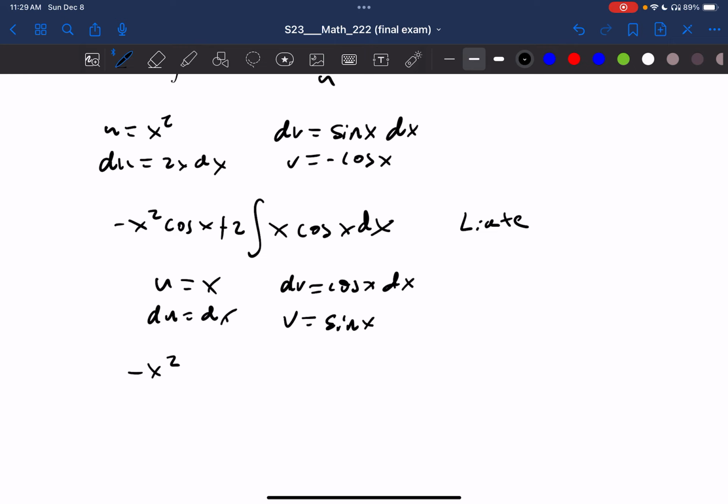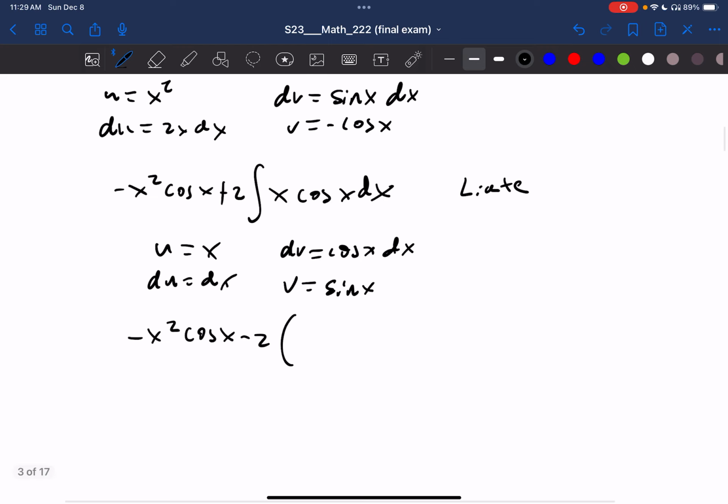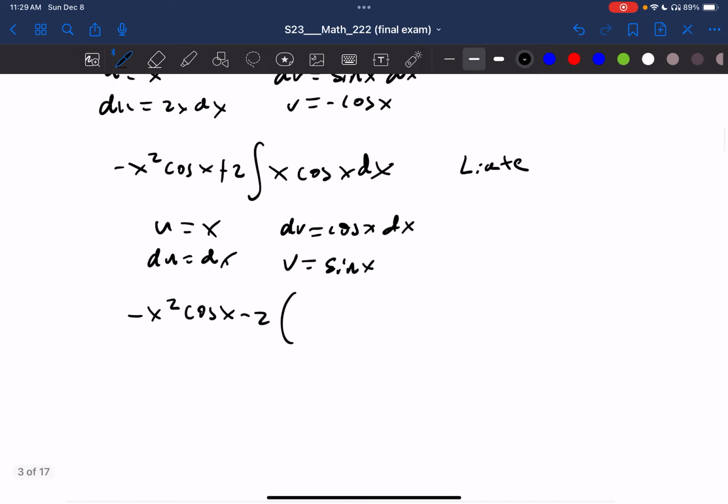Negative x squared cosine x plus 2 parentheses. Applying our integration by parts formula, we're going to get x sine x minus the integral of sine x dx.